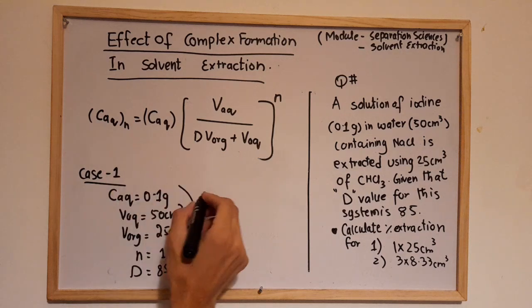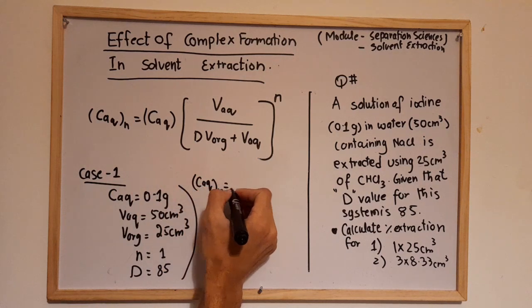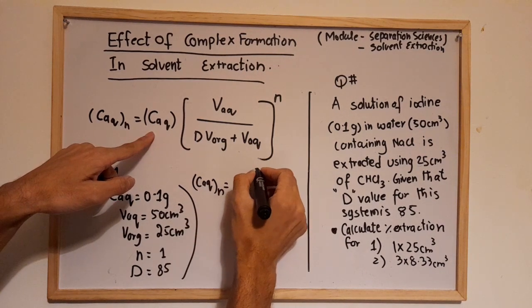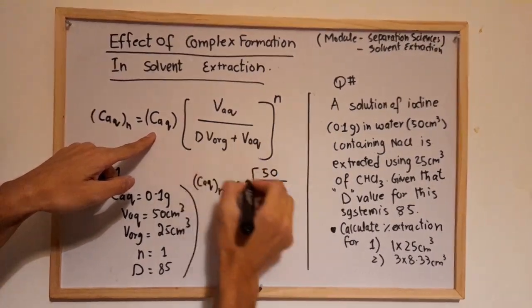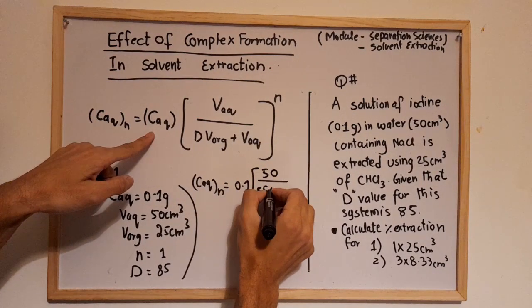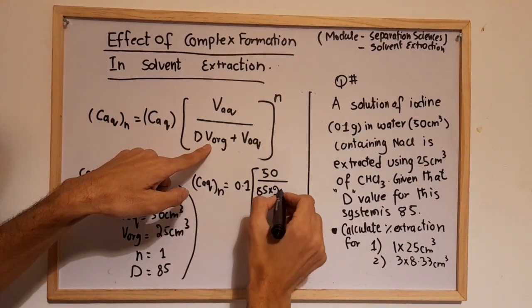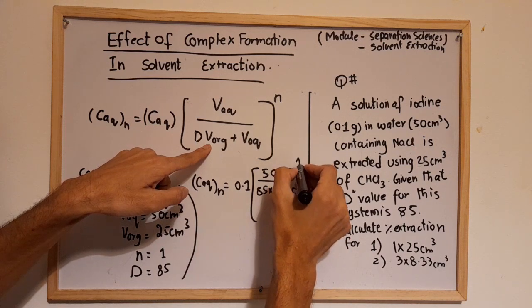So when we place these values, C_AQ^n equals 0.1 into V_AQ, that's 50, over 85 multiplied by 25 plus 50, and the whole power would be 1.